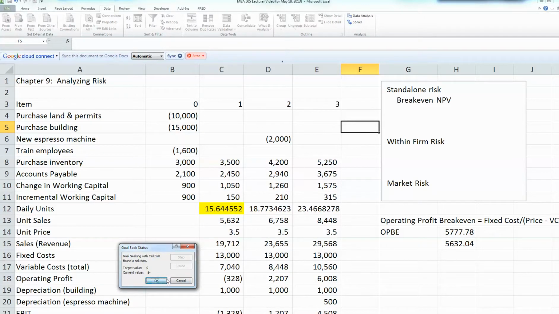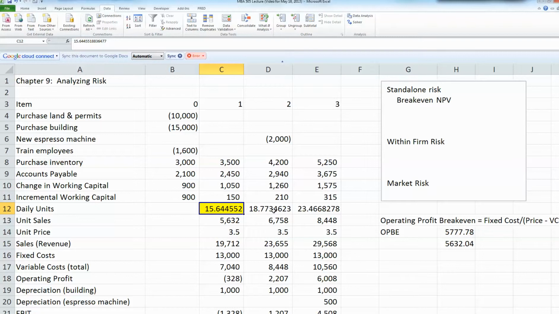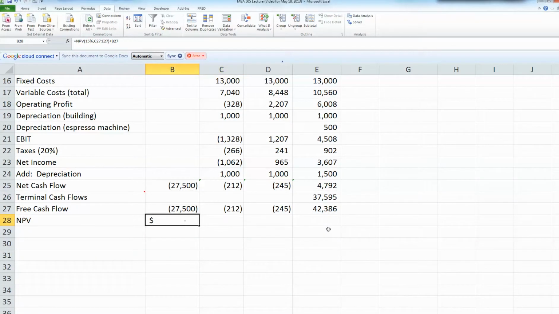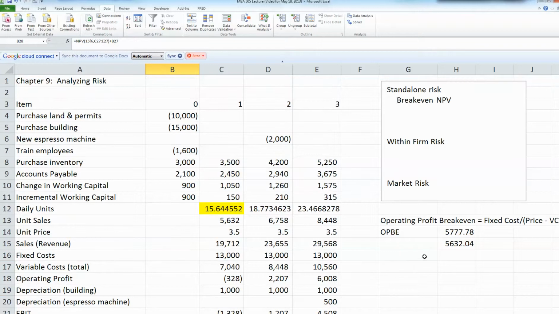And it tells me that I need to sell 15.64 units a day, and that would make my net present value exactly 0. So in terms of annual units, oh, actually I have that right here. In terms of annual units, I need to sell 5,632 units a year to make this project worthwhile. And since I'd originally expected to sell 27,000 units a year, then it's highly likely that this project would be worthwhile.